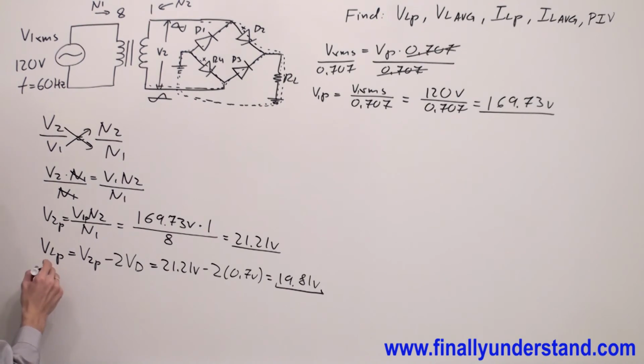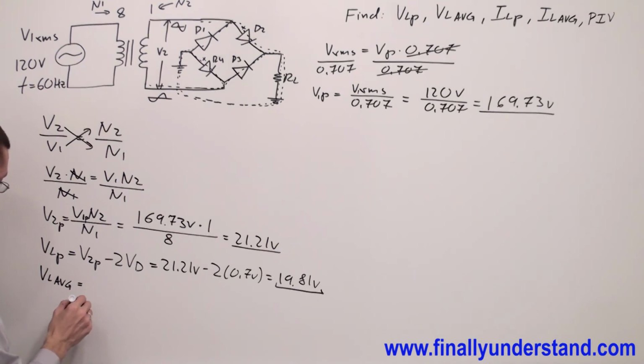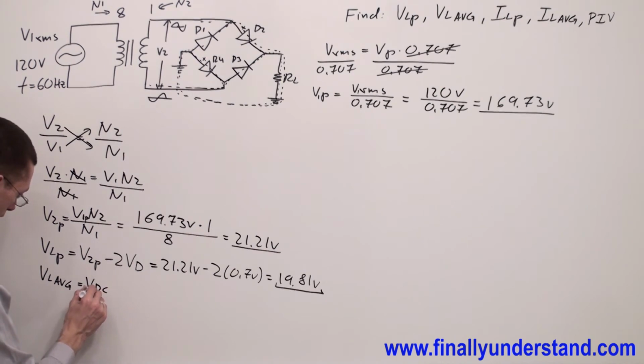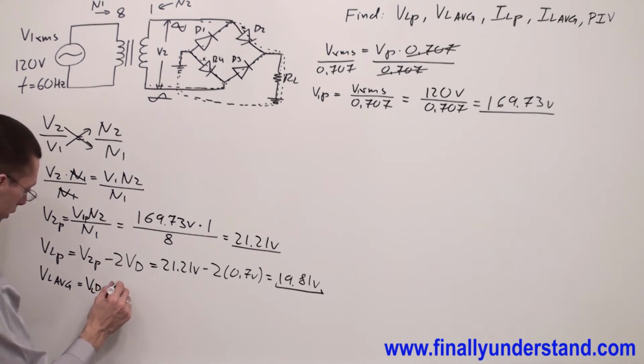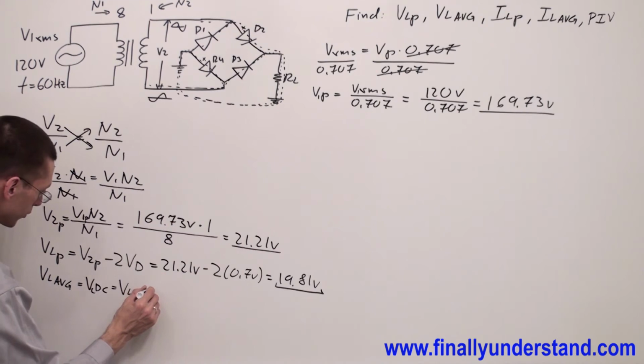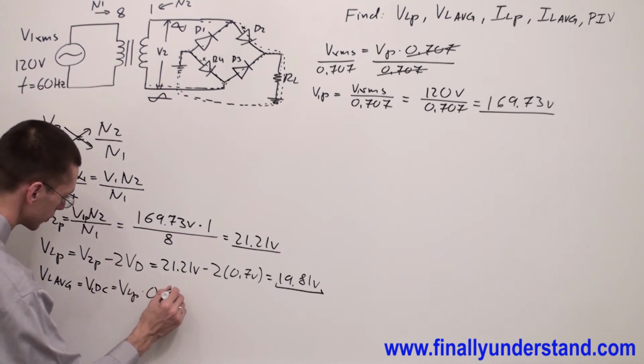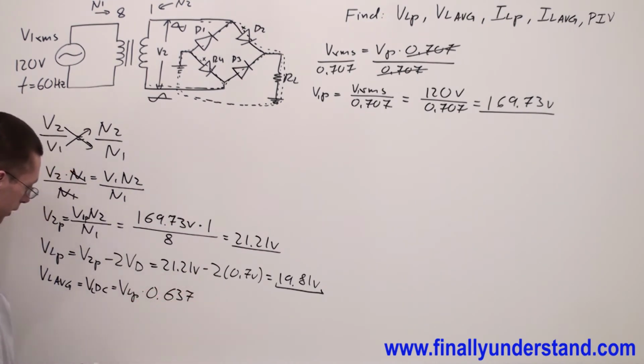Next, I have to find VL average. VL average, which is also VDC, has the formula VL peak times 0.637.